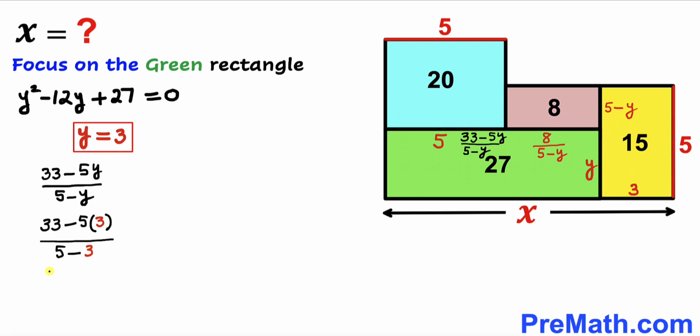Let's go ahead and simplify. That is going to give us (33 minus 15) divided by 2. And this on the top is going to be 18 divided by 2. That is going to give us 9. So therefore we can see that this side length of the green rectangle turns out to be 9 units.